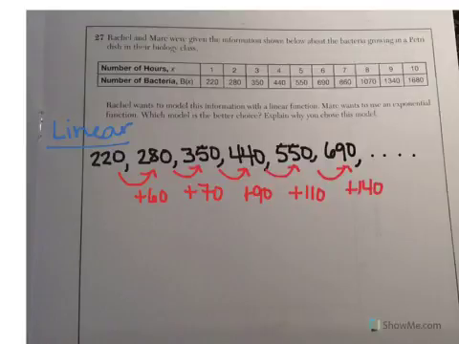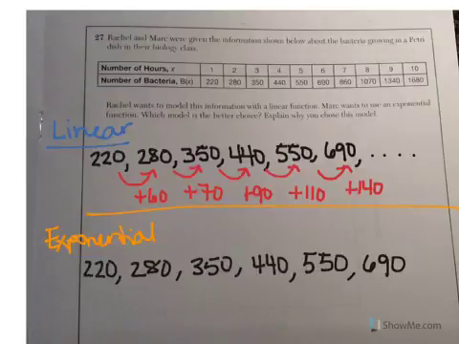So as you can see, there's no number that we're repeating each time when we add. All these numbers are different. So it doesn't look to be a good linear model, but let's check out the exponential model. Okay, so I'm going to still write down these y values again, starting with 220.